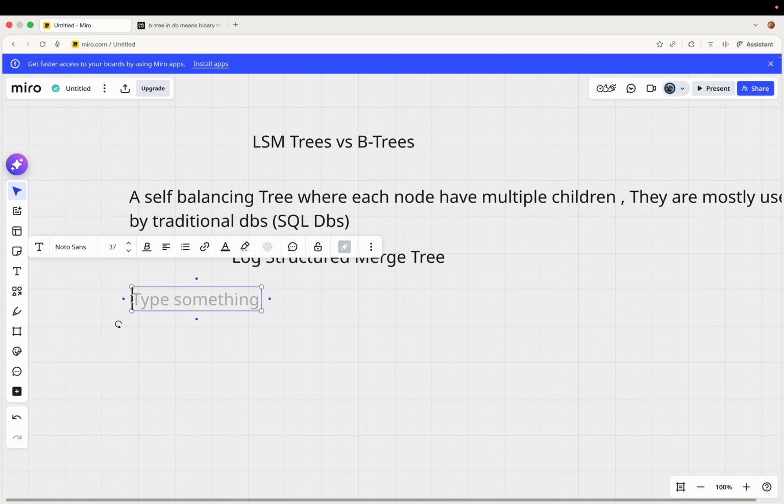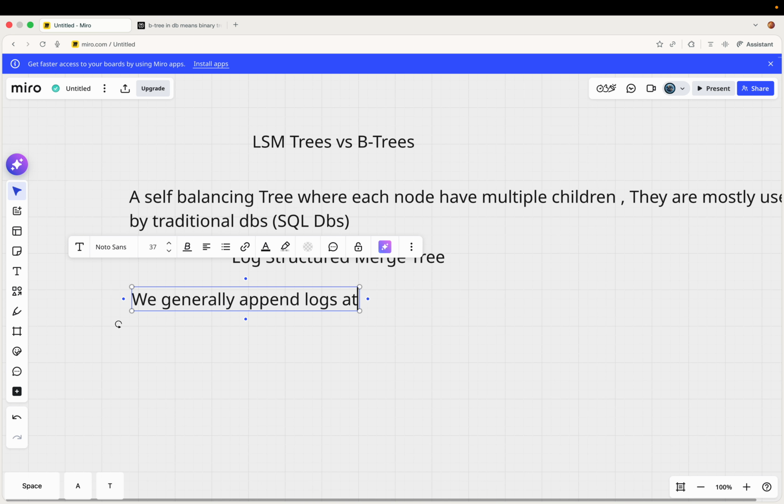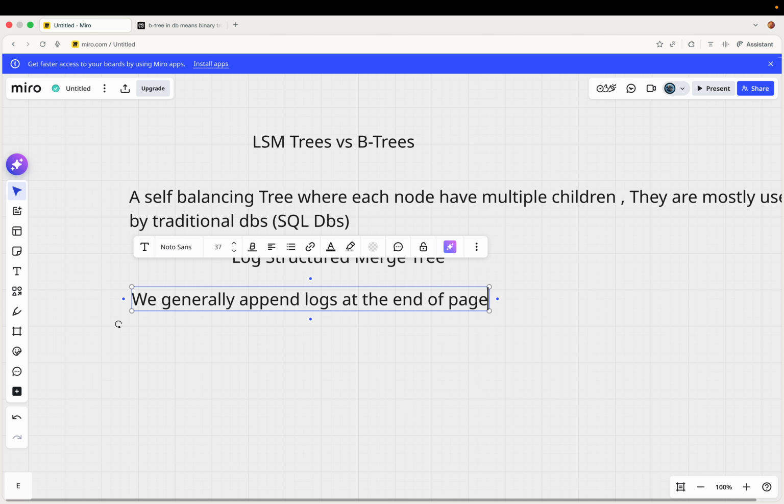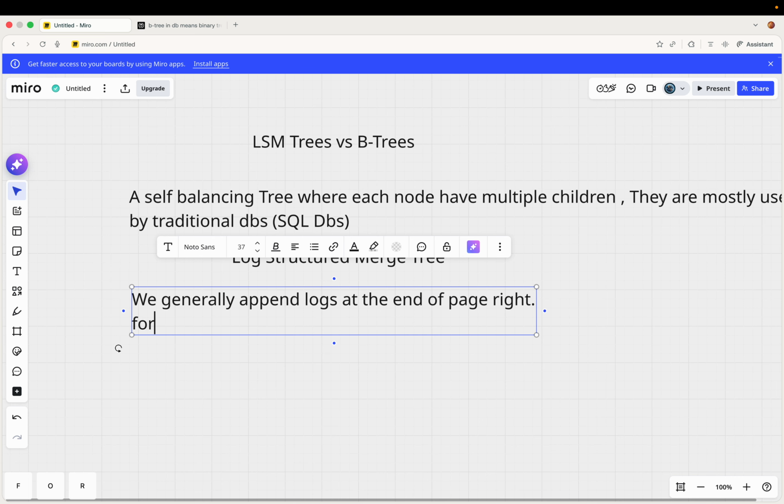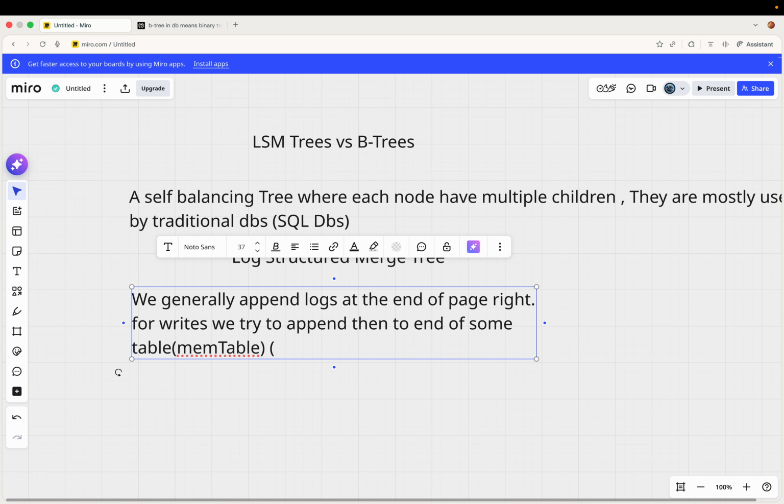We generally append logs at the end of a page, right? So similarly for writes, we try to append them to the end of some table. Here we call it a mem table.